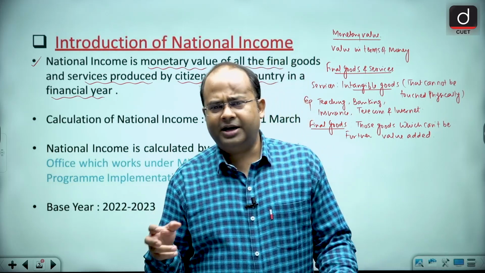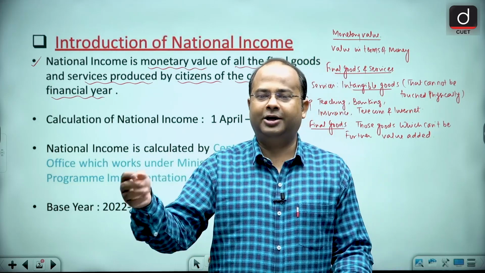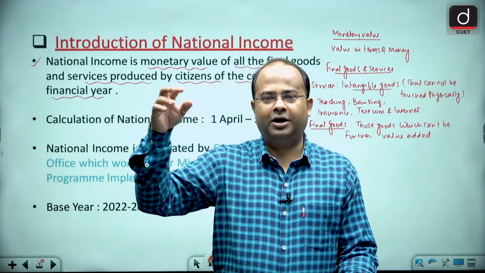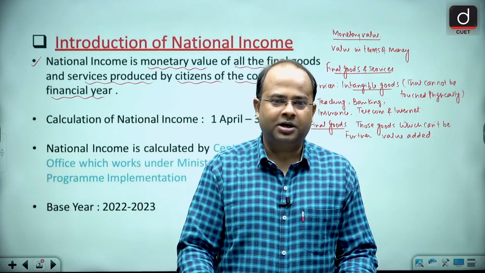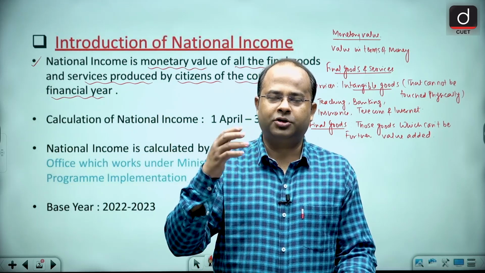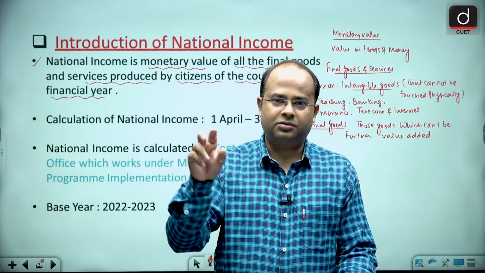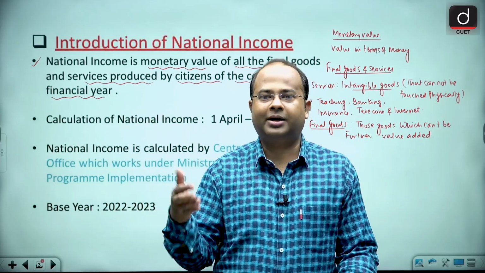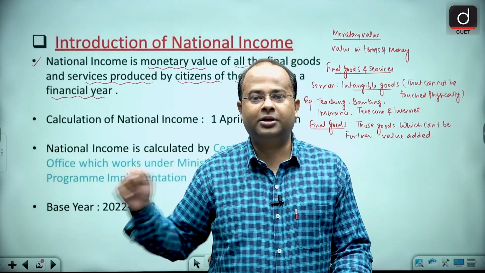Generally guys, what we have been taught in school is, what are final goods? Those goods which are ready to be sold in the market. This is a very popular definition among school students. Now, the raw rice you purchase in a grocery can be sold in the market, and biryani is also sold in the market.